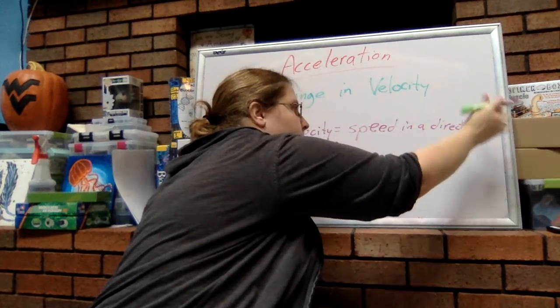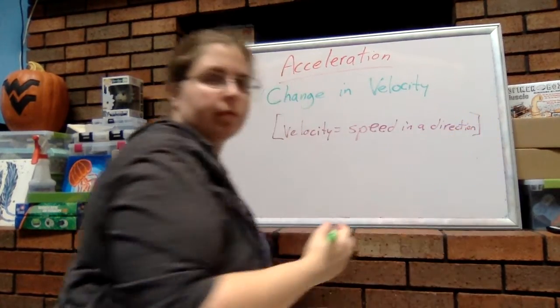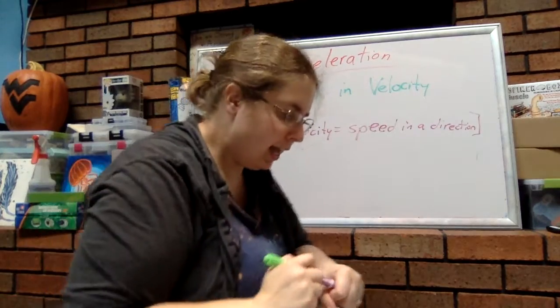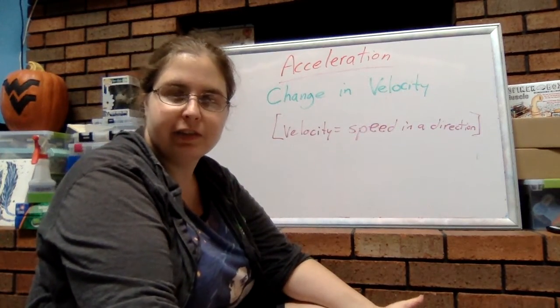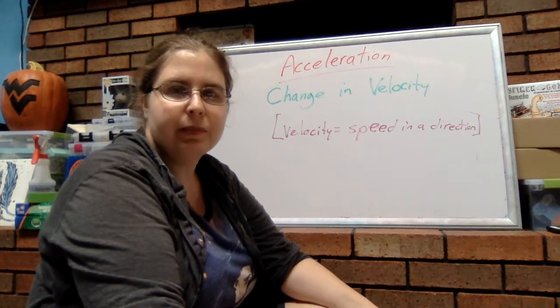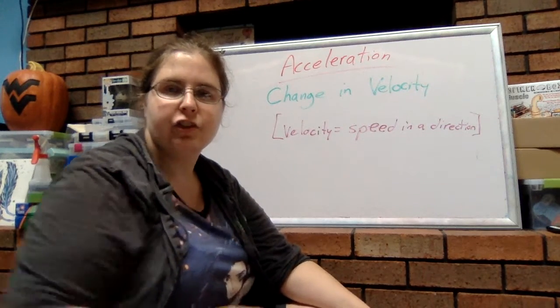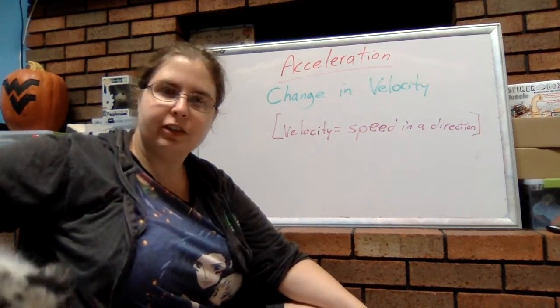All right. So if velocity is speed in a given direction and acceleration is a change in velocity, that means that acceleration is a change in the speed or direction of an object.